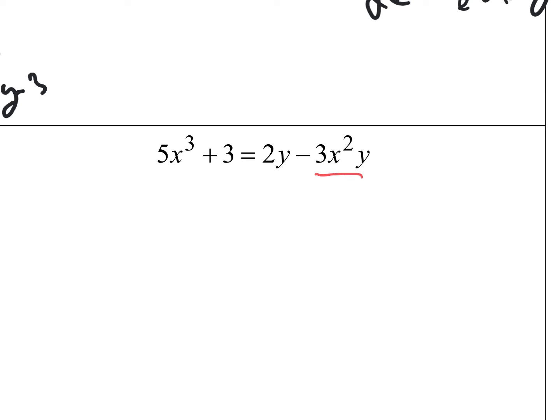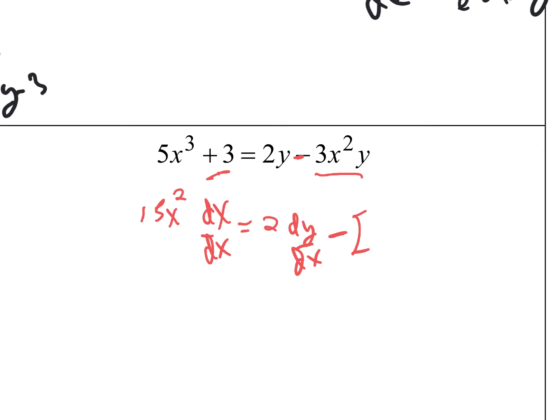Another product rule. Left to right. The derivative of the left is 15x squared dx dx plus 0 equals 2 dy dx. Since there's a minus in front of the product, I'll do what I did before.